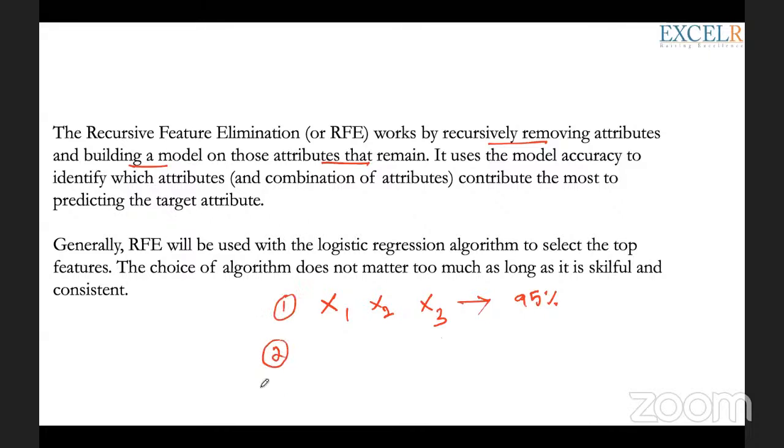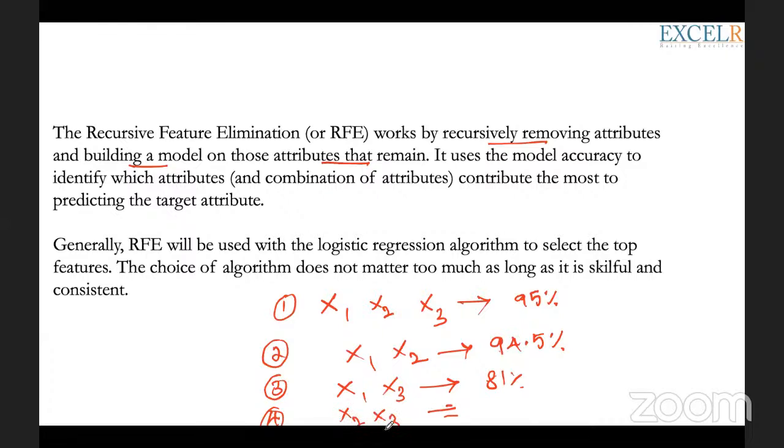In the second model, I have removed x3 and built the model with x1 and x2. Then the accuracy is, let's say, 94.5%. In the third instance, when I removed x2, the accuracy is let us say 81%. Then a fourth one, x2 and x3.